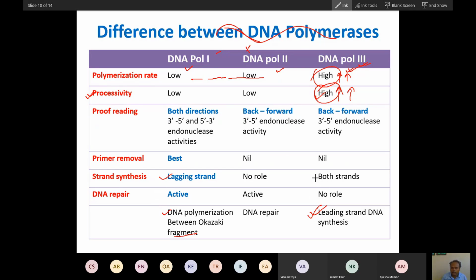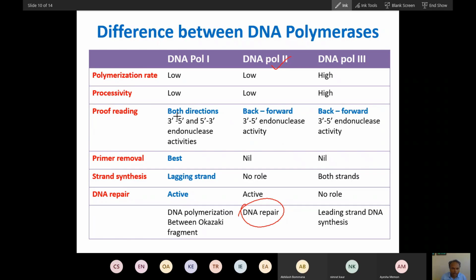DNA polymerase 3 does the main strand synthesis on both strands, while DNA polymerase 1 only fills the gap between Okazaki fragments. Now DNA polymerase 2 is responsible for DNA repair. DNA polymerase 2 is helpful in DNA repair.